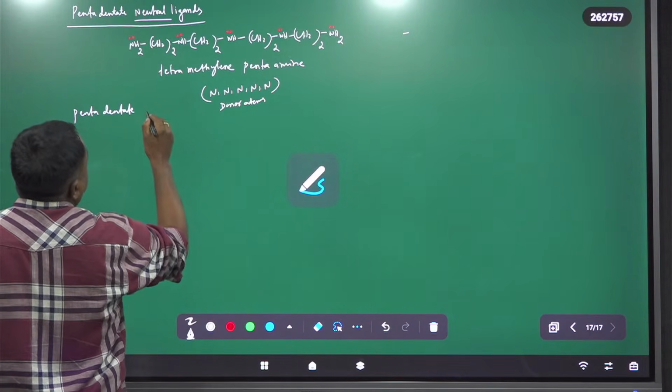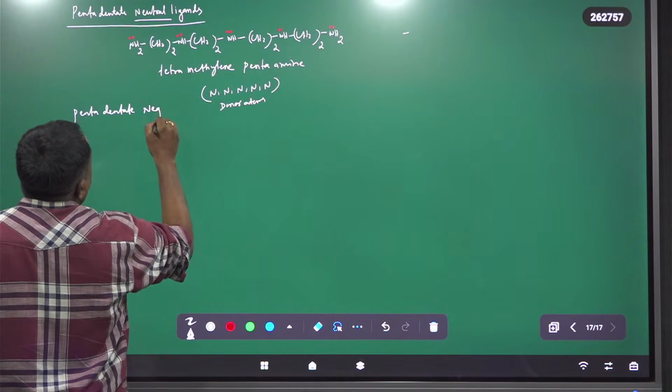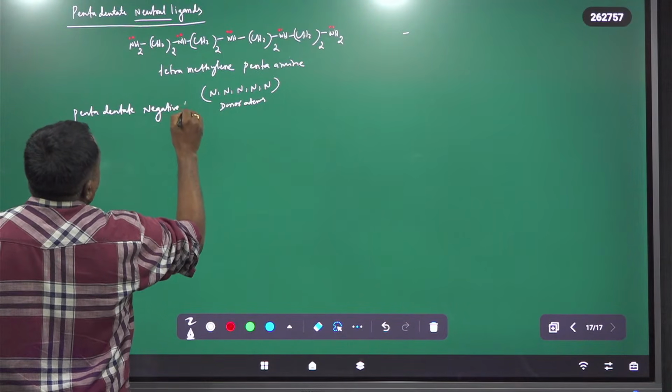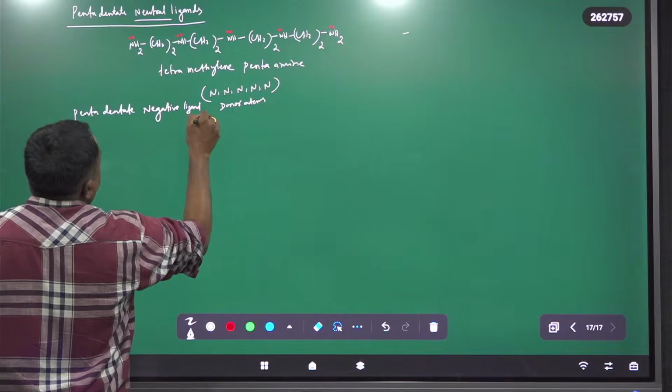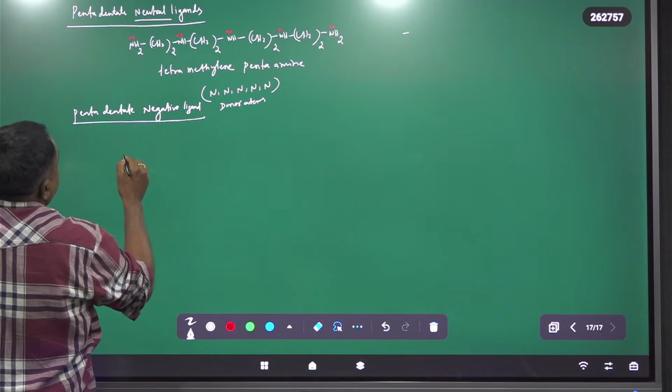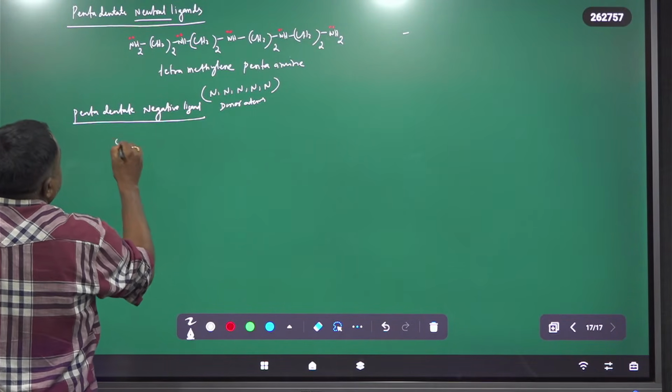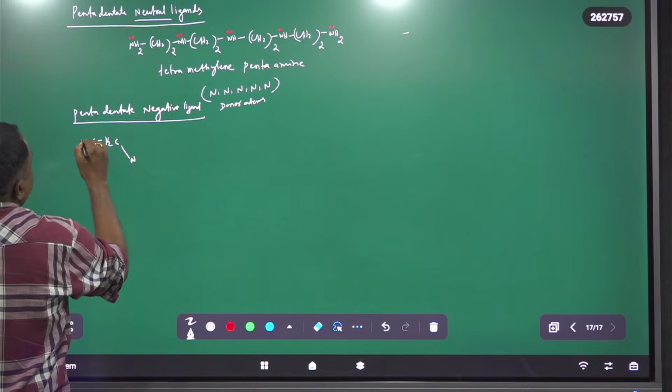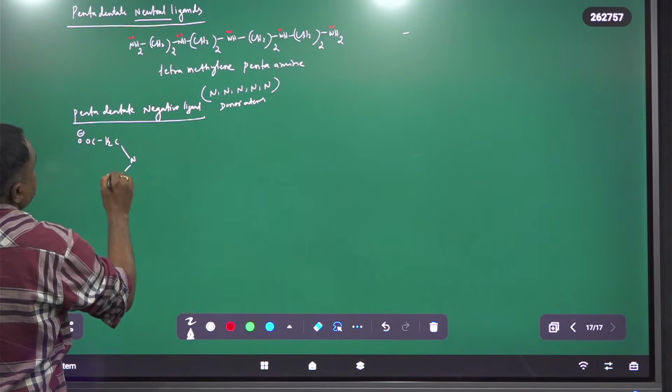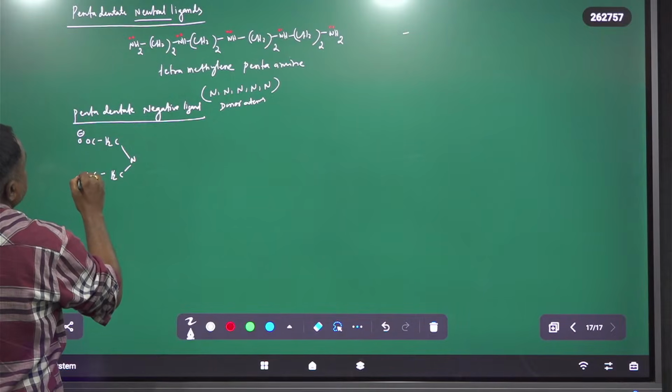Pentadentate negative ligand means, for example, this is NH CH2 COO minus. This is the CH2 COO minus.